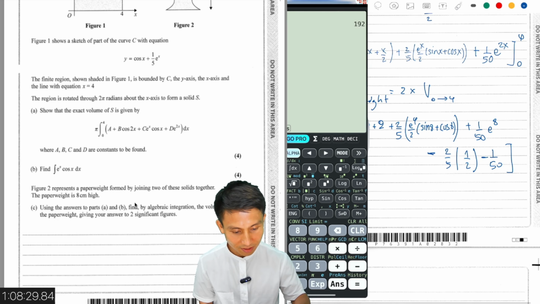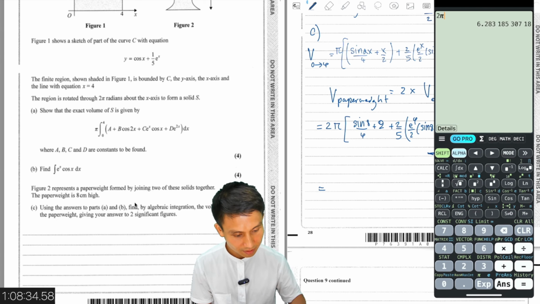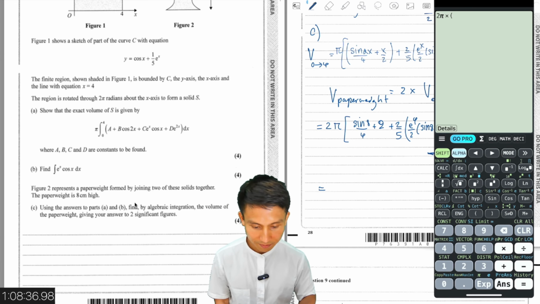I'm just going to use a calculator here. So slowly, 2 pi times big brackets here.